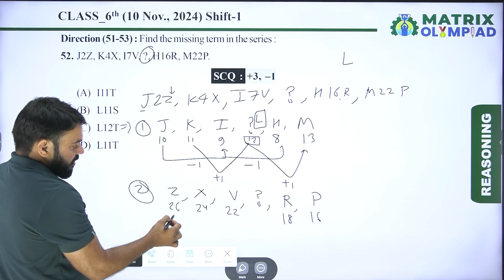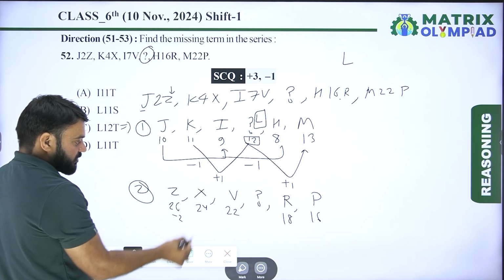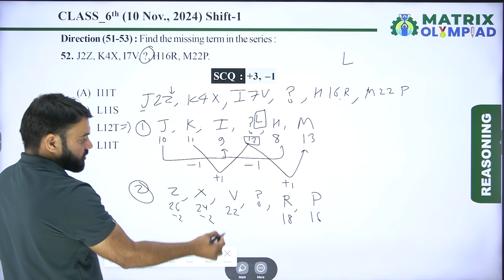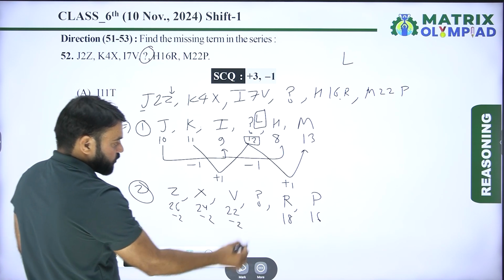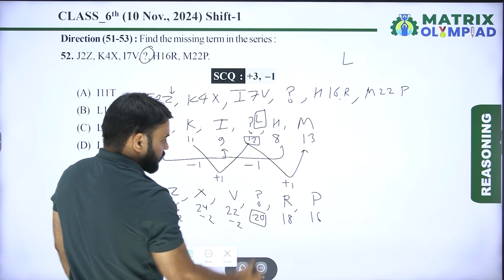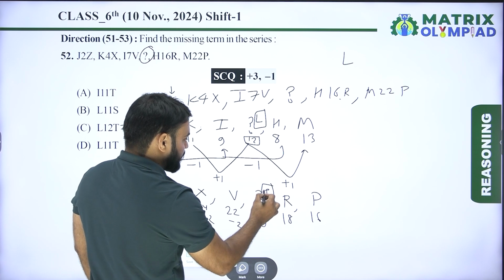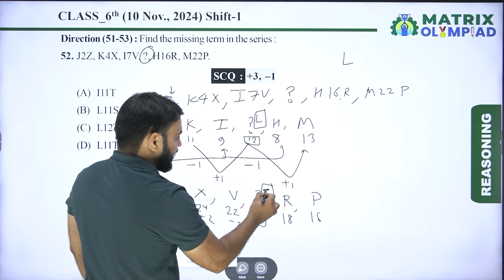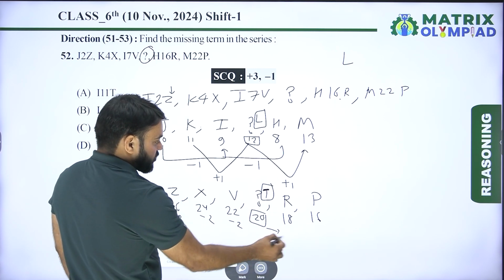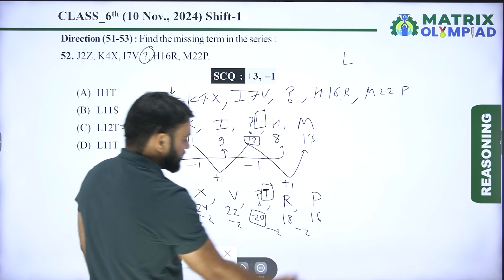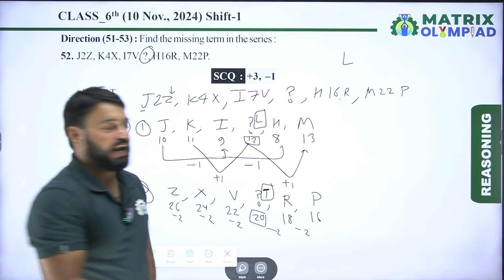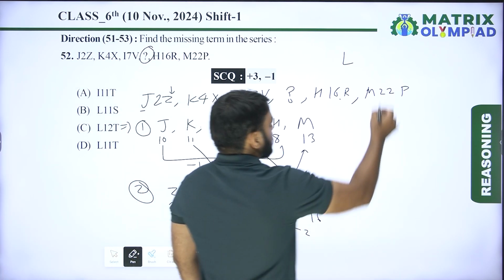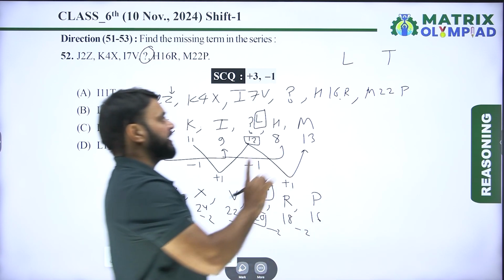So the pattern is 26 minus 2 is 24, 24 minus 2 is 22, now 22 minus 2 is 20. So 20 means T, because the place value of T is 20 in the English alphabet. Now 20 minus 2 is 18, 18 minus 2 is 16. So the second missing alphabet is T.